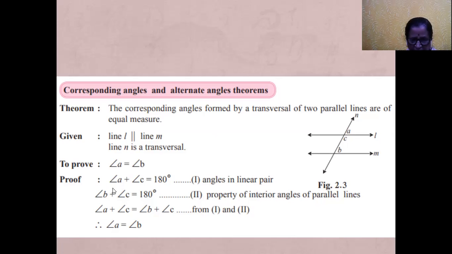This is equation 2. Taking the left sides of 1 and 2, angle A plus angle C and angle B plus angle C, this C gets cancelled, so angle A's measure is equal to angle B's measure.